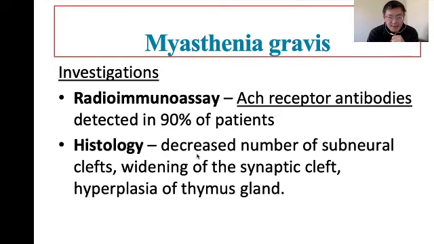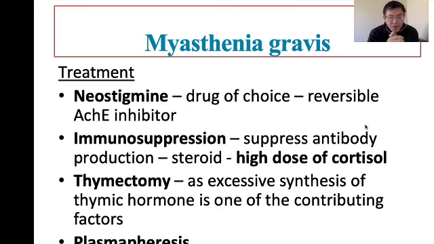They can see a decreased number of subneural clefts, widening of the synaptic clefts, and hyperplasia of the thymus. That's because studies have shown that a tumor in the thymus generates acetylcholine receptor antibodies.